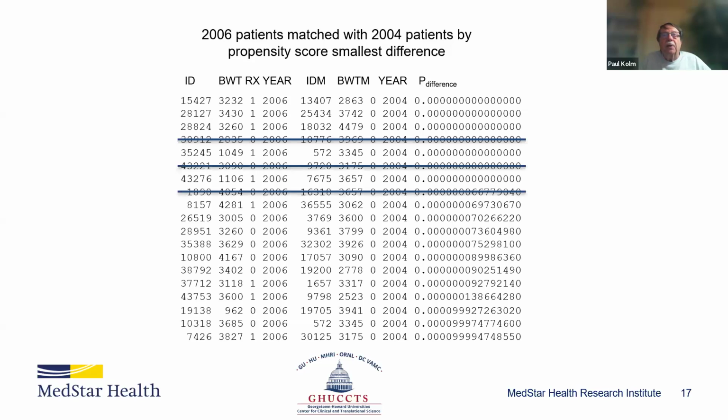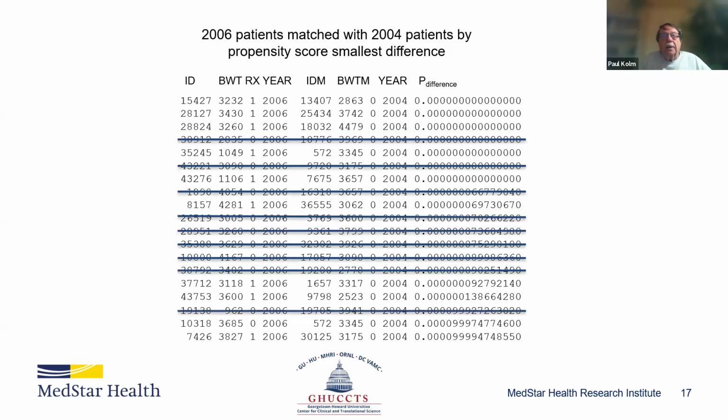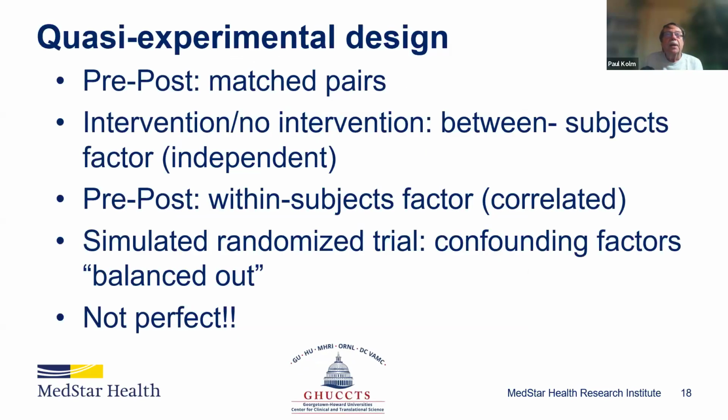And there are several here that we can't use because they either didn't participate or they're in the same group. That's how we end up with fewer patients than we might when you do propensity score matching.